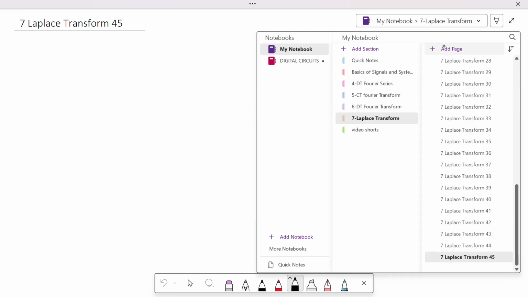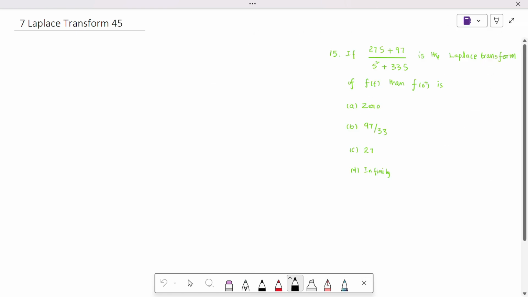Last problem. See, if F of s is the Laplace transform, then f of 0 plus, this is the initial value theorem. So x of 0 plus equals the limit as s tends to infinity of s into X of s.